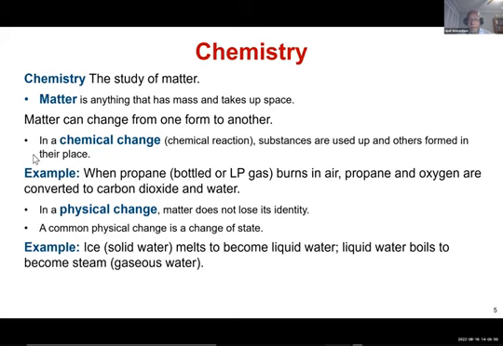How many of you know what is the difference between a chemical change and a physical change? Chemical change and a physical change.